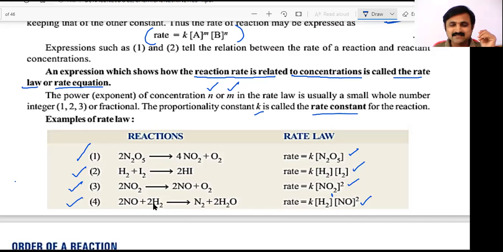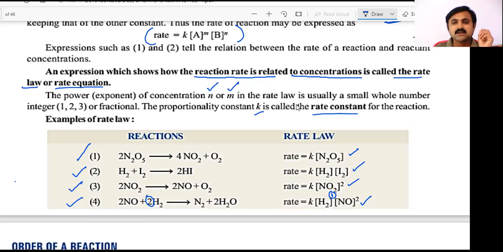But in this fourth equation, if you observe keenly, the coefficient of H2 in the given equation is 2, while in the rate expression the exponent of the concentration of H2 is only 1. So we have a doubt: what is the meaning of this? Whatever the number of moles for the reactants in the equation, the exponent in the rate expression for that reactant may or may not be the same.